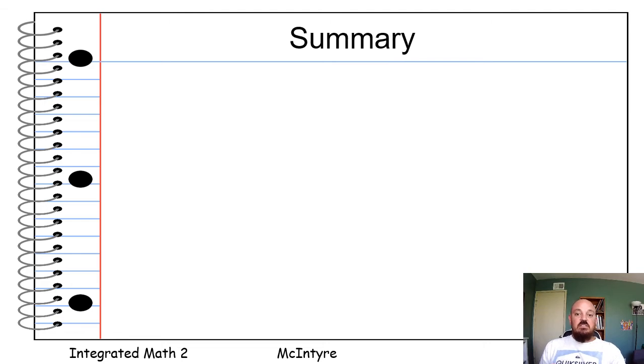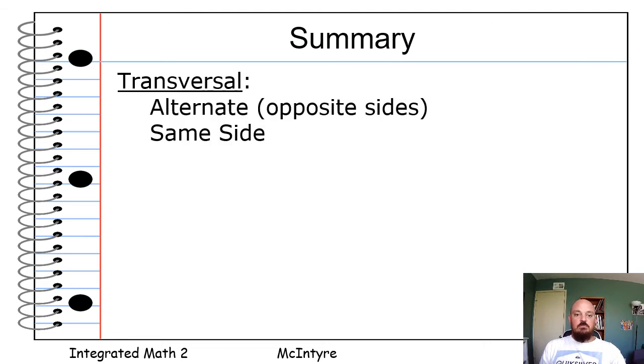So here's a good summary for you guys. When you're talking about the transversal, the one line that crosses over the parallel lines, you're either going to be talking about alternate angles, which means one from each side of that line, or same side, which is exactly what it says, two angles that are on the same side of that line.